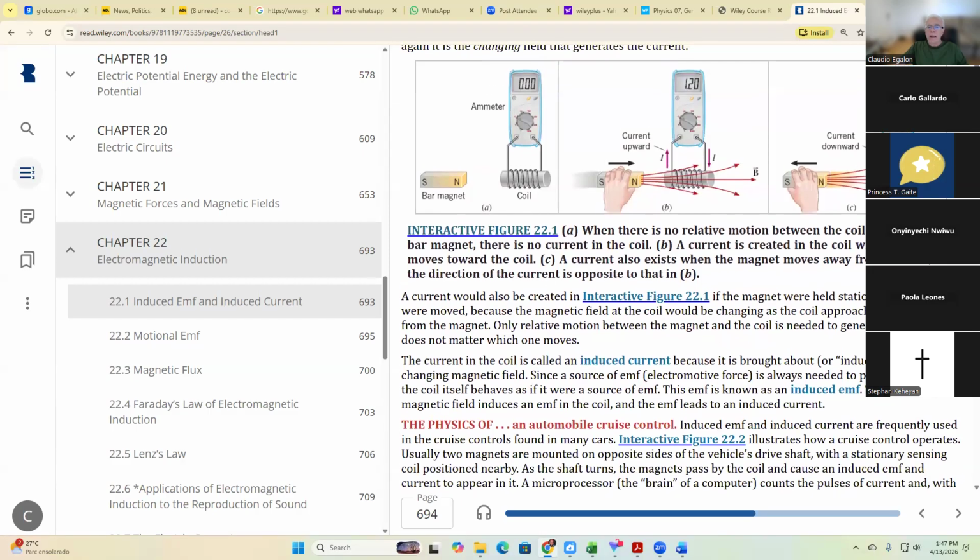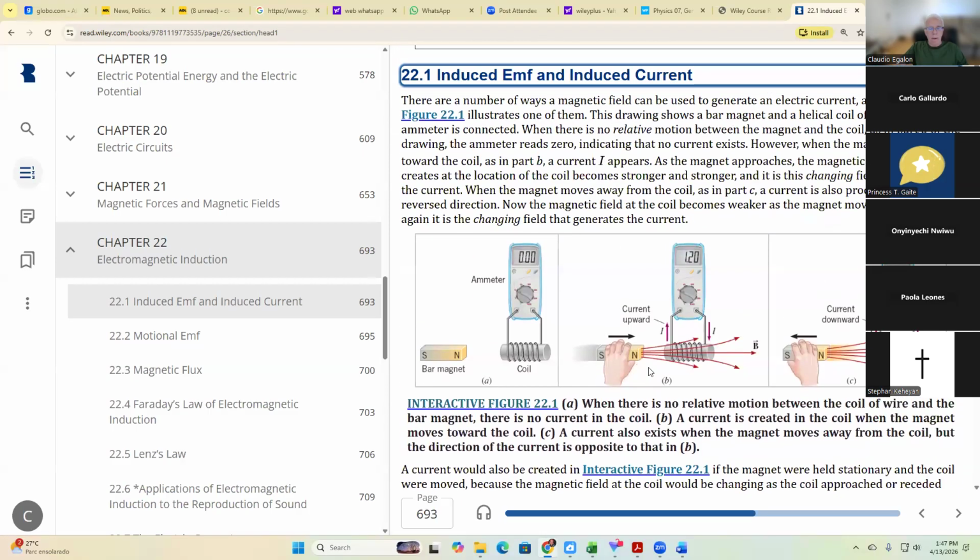He's illustrating how we can induce a current in a solenoid, in a coil. So we have a tube around which we wound a circuit. We wind this circuit several loops, right? And the circuit is connected to an ammeter.